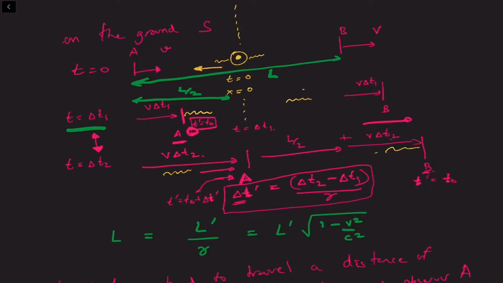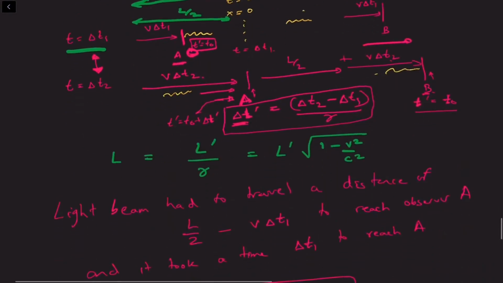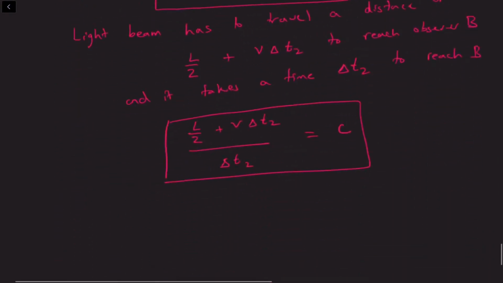And at this instant B sets their clock, because B just receives the light signal from the source. So B sets their time to T prime is T naught. So A and B, if the ground observers who are at their locations look in right now at their clocks, they will see a phase offset, and that phase offset is by an amount delta T prime. So let's work out what that phase offset delta T prime is.